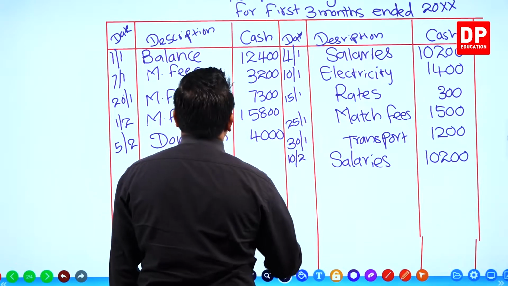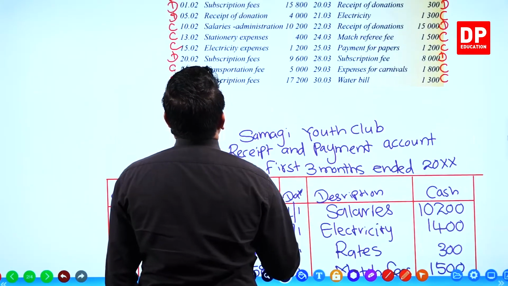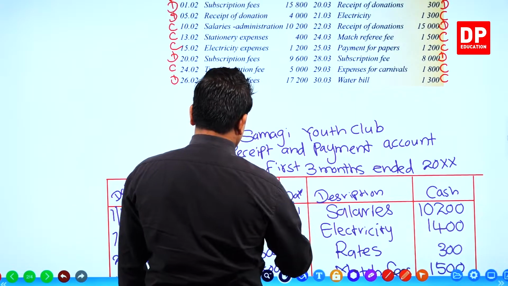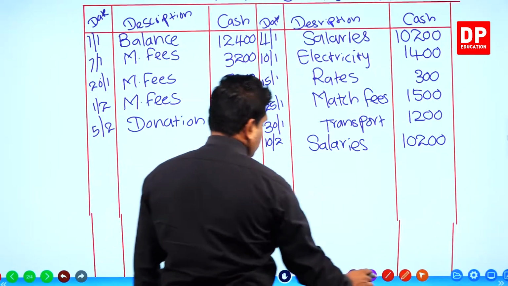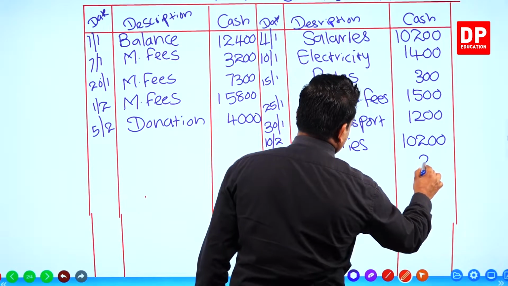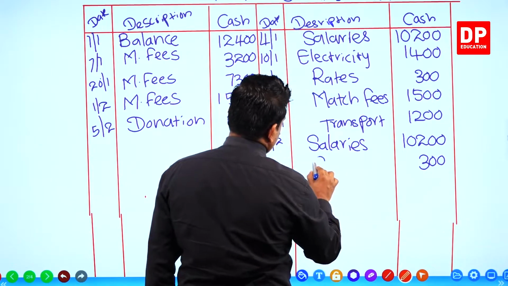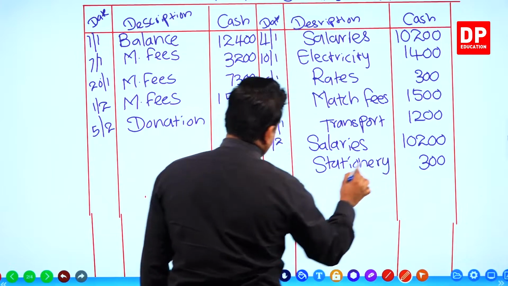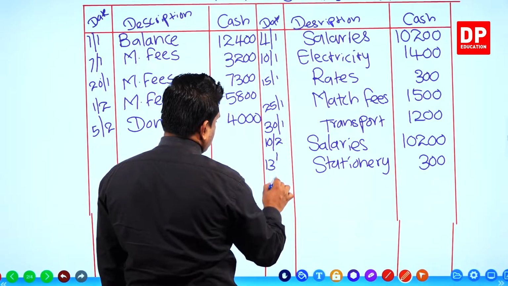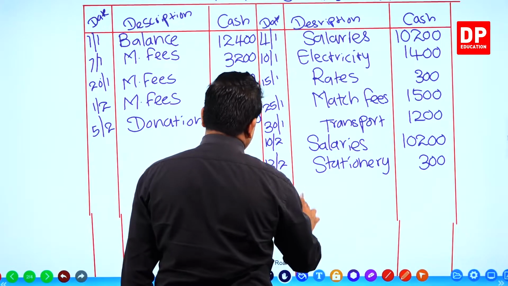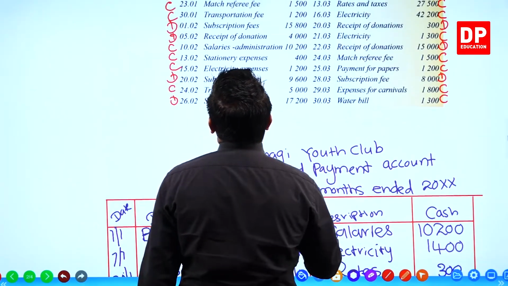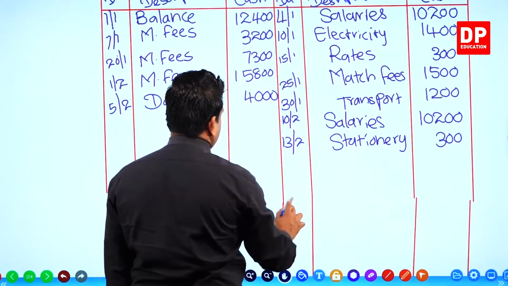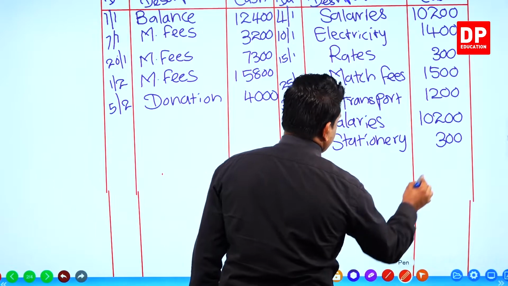Next, stationery. 213 stationery. Electricity 215.